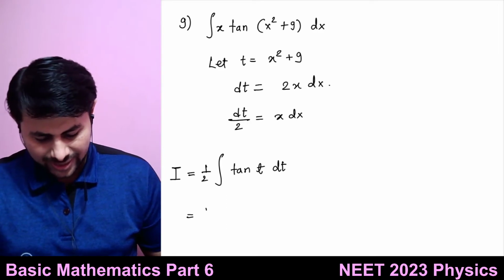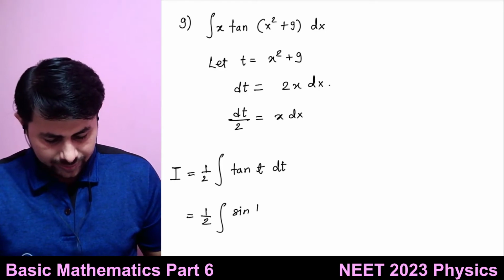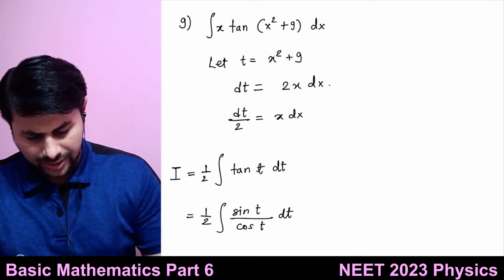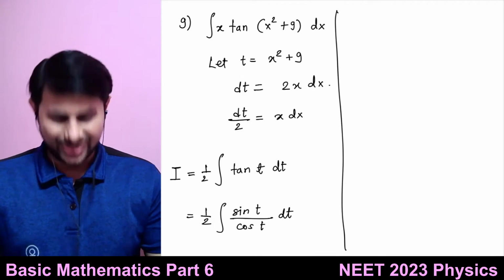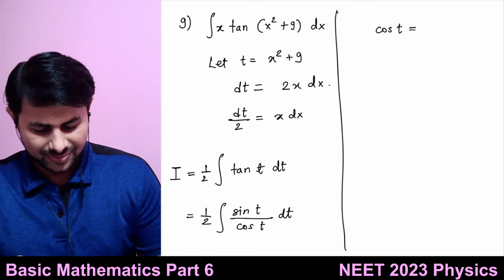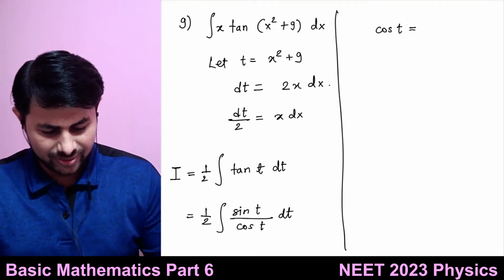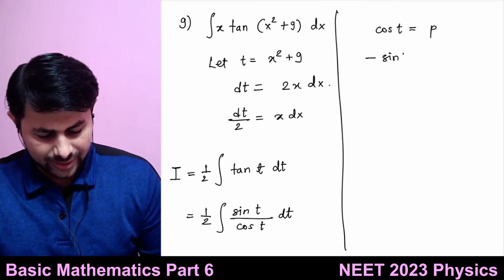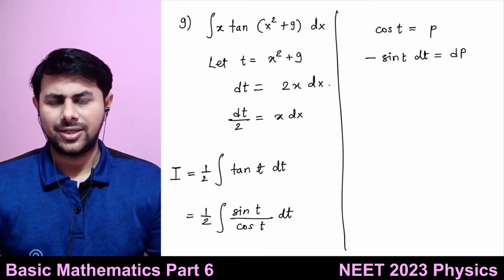So I can write this as half of integral of sin t over cos t dt, and then I have to do another substitution. Okay, so this time I will put cos t equals to, let's say, what comes after t? P, Q, R, S, let's say P. Okay, so minus sin t dt will be equal to dp. Getting this?